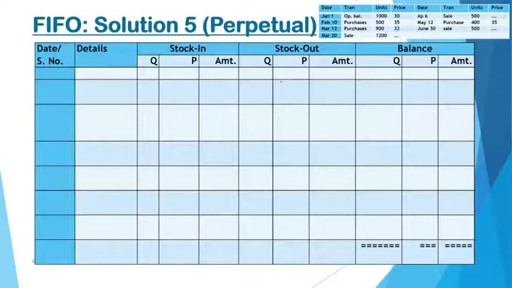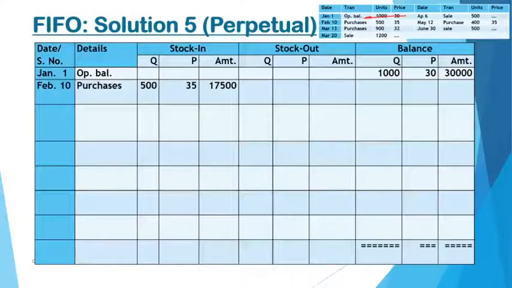Initially we have an opening balance with us, isn't it? The very first thing that we have is an opening balance of 1000 units at the rate of 30. So we can directly enter the opening balance of 1000 units at the rate of 30 rupees. Next is purchase. When you purchase, you are to record the balance. Now you can see you have two lots, 30 rupees and 35 rupees.